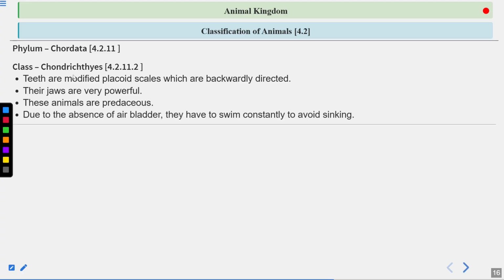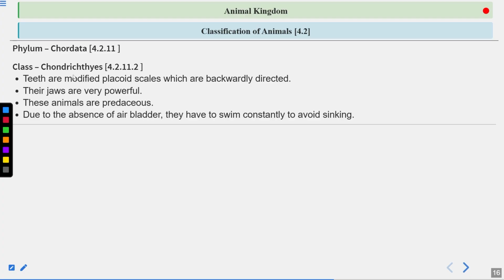Due to the absence of an air bladder, they have to swim constantly to avoid sinking. Now, this is again a very important point, and with this point you can understand how the chondrichthyes are different from the osteichthyes. They do not have any air bladder.